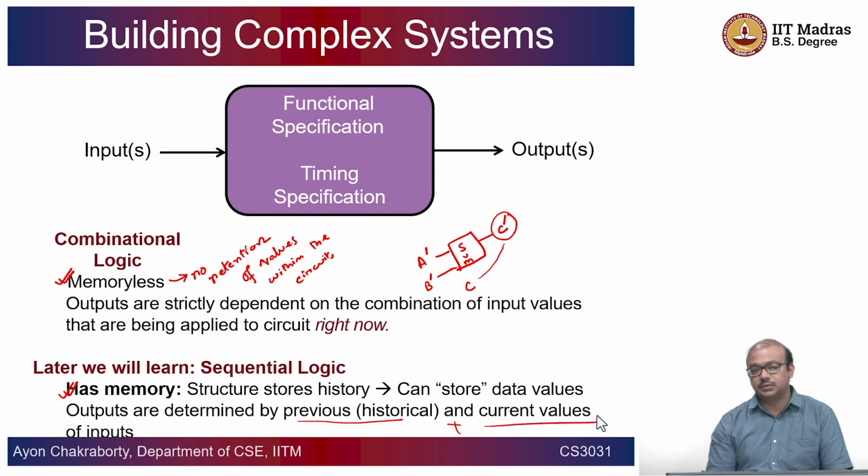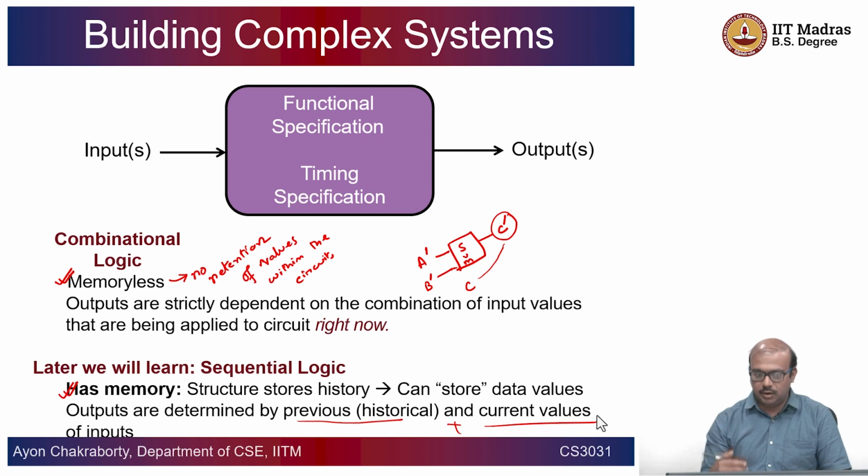Okay, current inputs. Each one of them has a lot to study individually. So we are going to take up combinational logic first, after we are done with the Boolean algebra primer. Once we develop a good number of use cases or building blocks using combinational logic, we are going to move on to sequential logic, which has things related to the timing of a circuit.